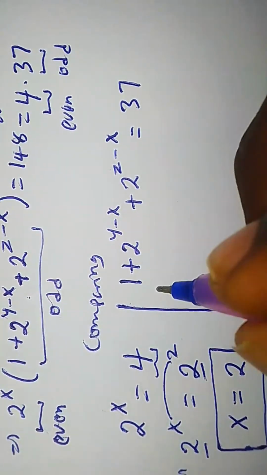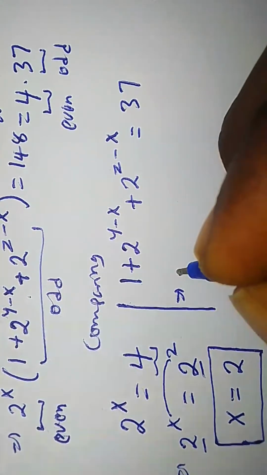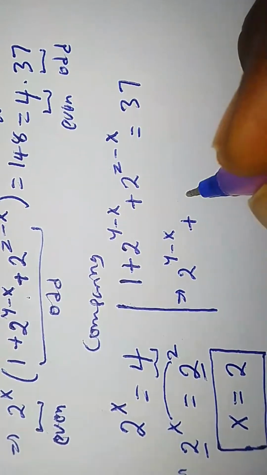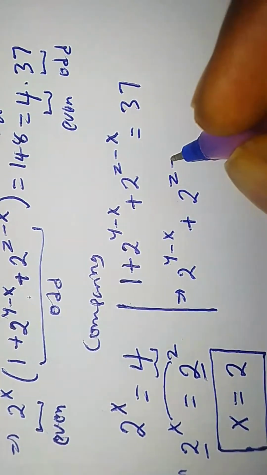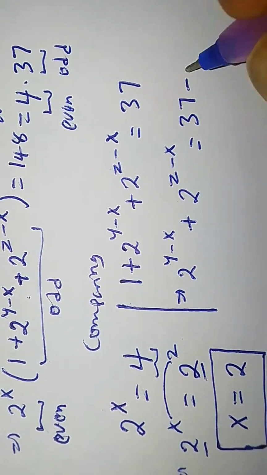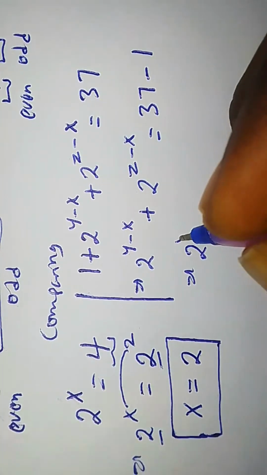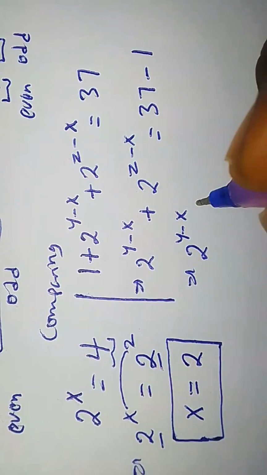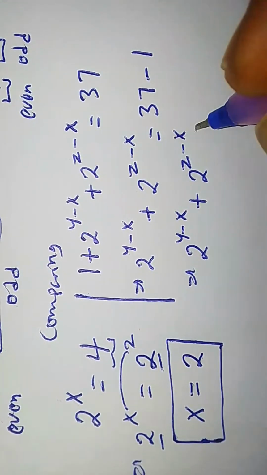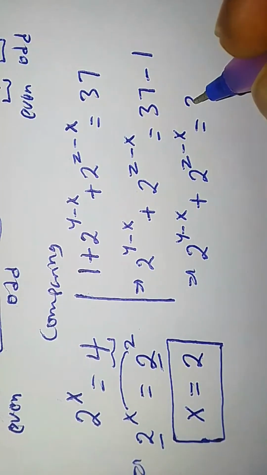But before that, let's transfer this 1 to the right hand side. So we have 2^(y-x) plus 2^(z-x) equal to 37 minus 1, that is 36.